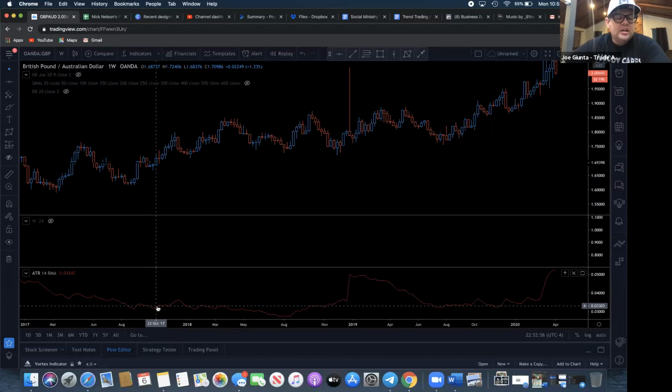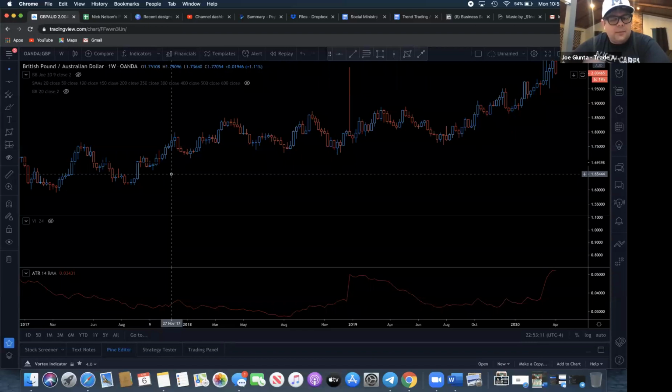The average number of pips on the candles in the last 14 candles as of this line was 324, 325 pips. I'm not getting into the ATR too deep tonight, but it's really powerful.